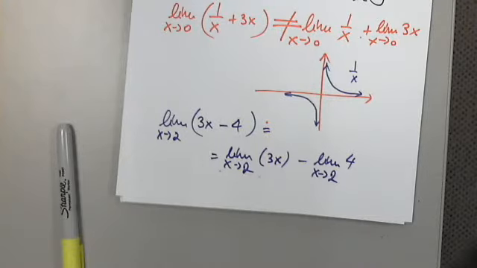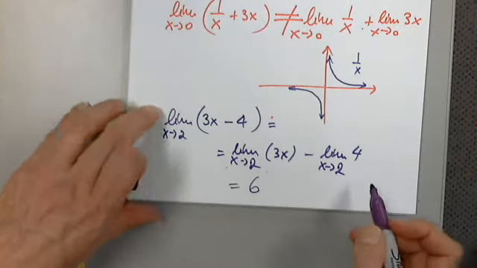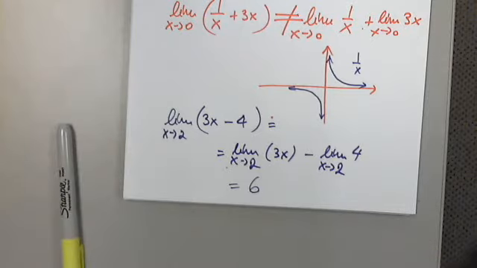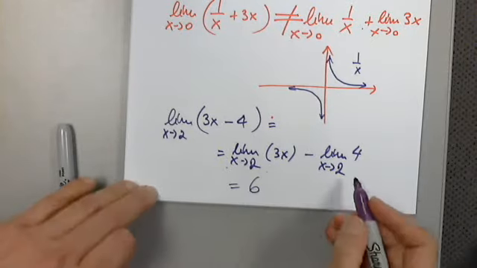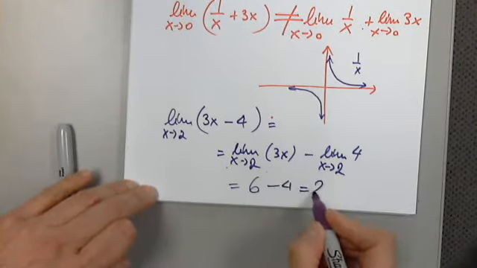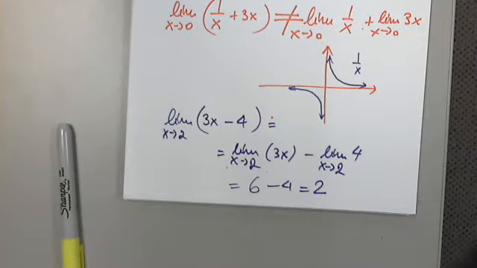Yes, because both limits exist. What will be this limit as x approaches 2 of 3x? 6. What is the limit of 4 when x does whatever? I don't care what it does. It's 4. So then the limit is 2. So in this case, I was able to.